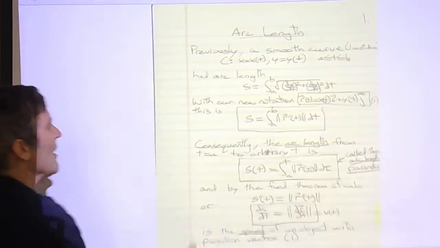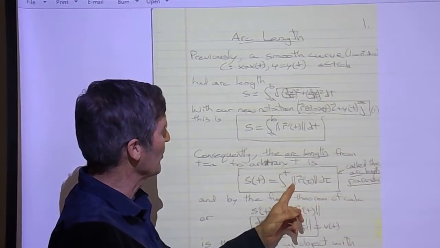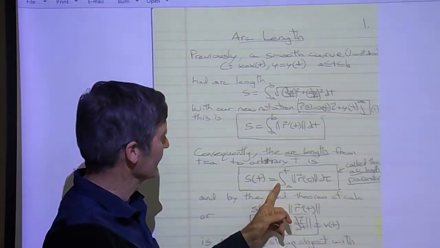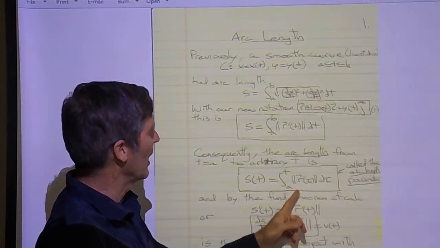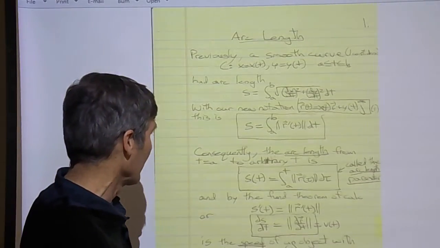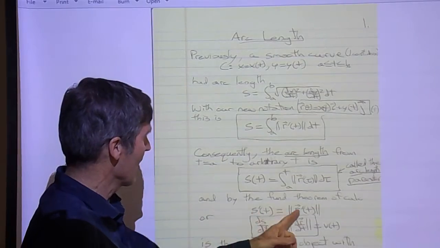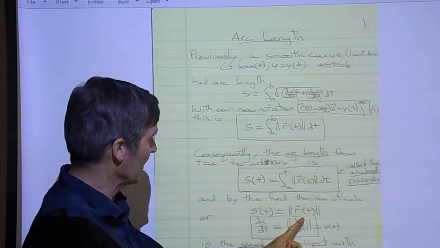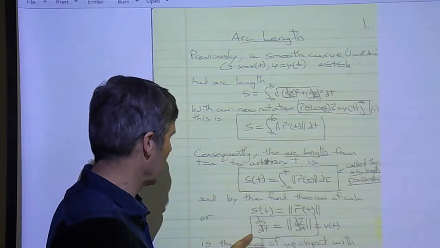If we apply that fundamental theorem to what we have here, the derivative of the integral of the length of r prime is just the length of r prime evaluated at the new variable t, by the fundamental theorem of calculus. So the derivative of arc length is equal to the length of the tangent vector, or velocity vector.